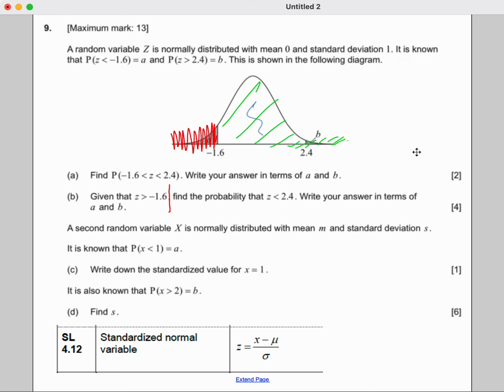It's somewhere here. It's only the green part, okay? This is the same idea as if I have, let's say, 3 red marbles, 4 blue marbles, and 5 green marbles, and a marble is randomly drawn from the jar, and it's given that it's not green.